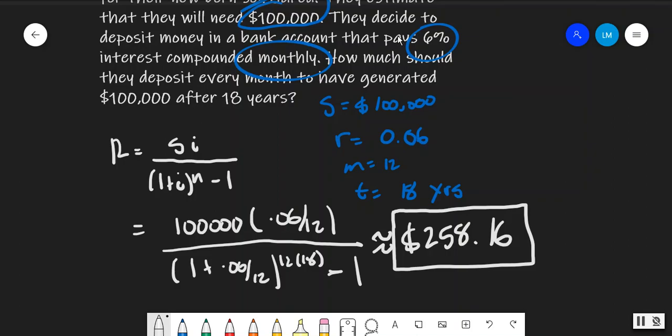Hypothetically, if the child chooses to go to college, I'm guessing it's assumed that the person is going to spend about $25,000. Is that right?